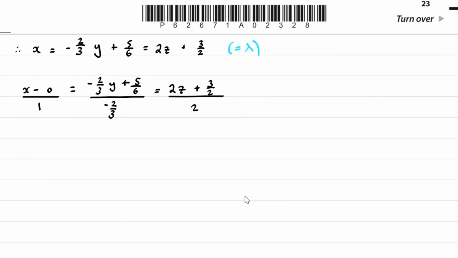So this is the same as x minus 0 over 1, which is equal to y minus 5 over 4 divided by minus 3 over 2, and this is equal to z plus 3 over 4 over 1/2.